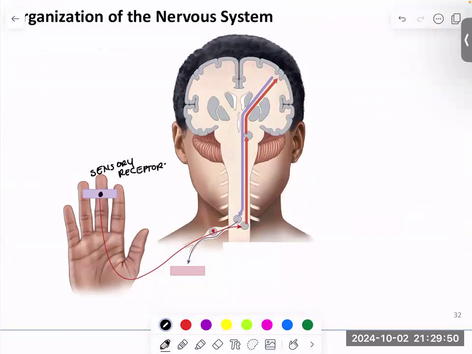Touch, temperature, pain, pressure, vibrations, chemicals. It's going to send an action potential through a sensory neuron. That is sensory. Afferent.